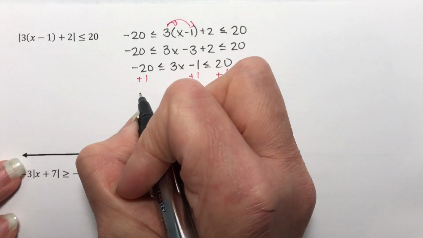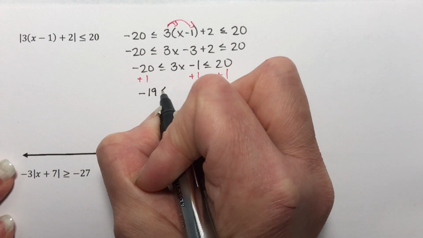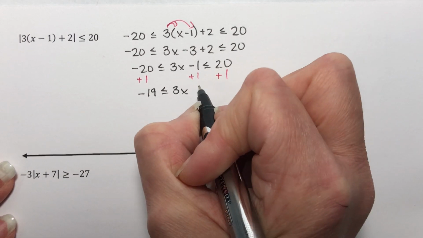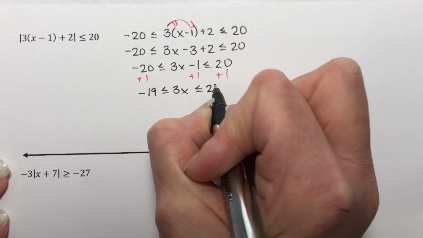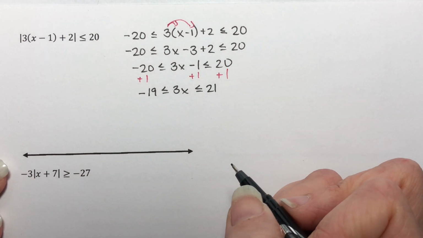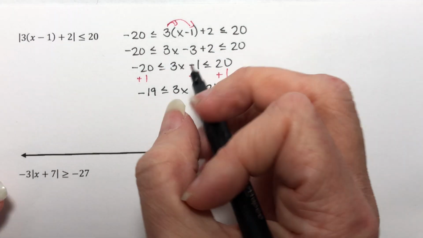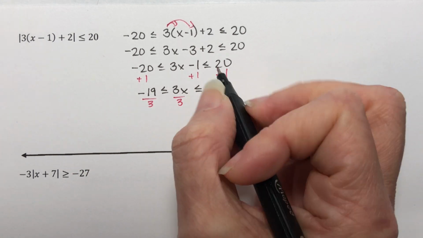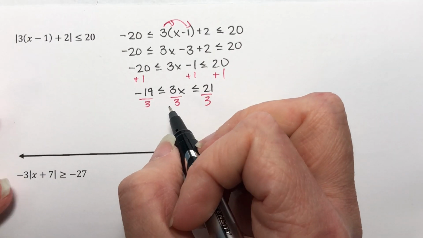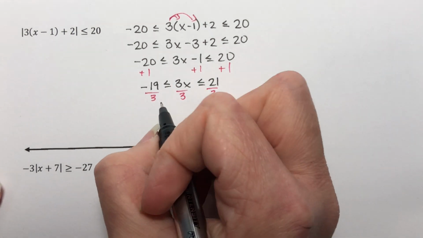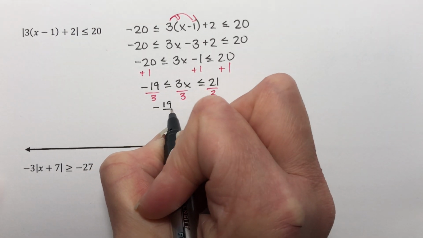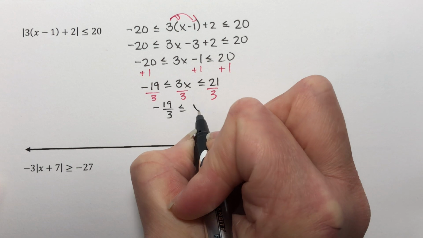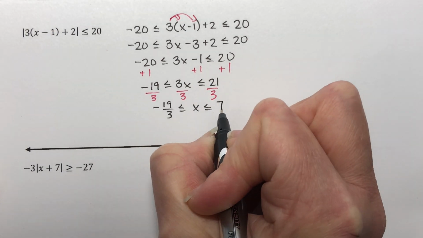And I get negative 19 is less than or equal to 3x is less than or equal to 21. And now divide everything by a positive 3. And I get negative 19 thirds, that doesn't simplify, is less than or equal to x is less than or equal to 7.